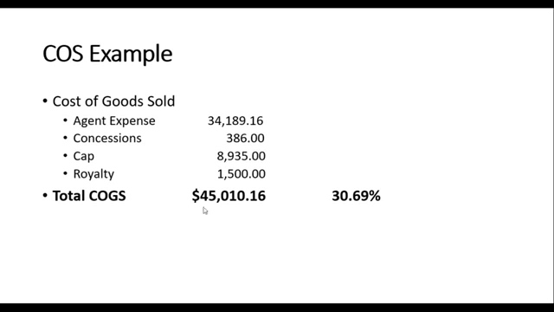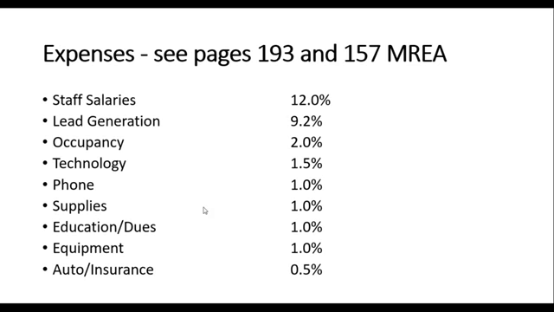All right, so let's go to the next slide and we're going to start to talk about expenses. And in your MREA book, stay at page 193. This is the budget model. So what Gary has done for us is he's taken every one of our expenses and said that your expenses should fall into one of these 9 categories.